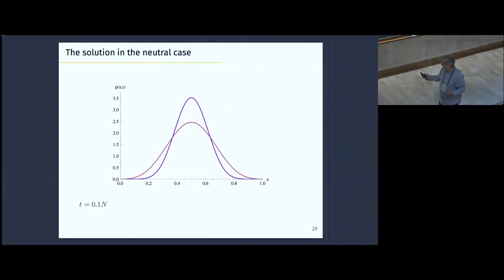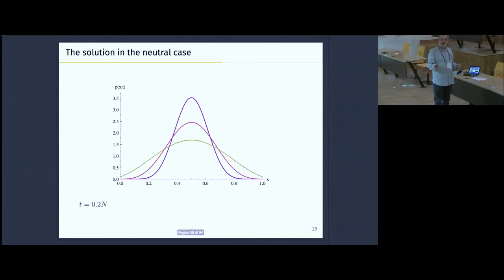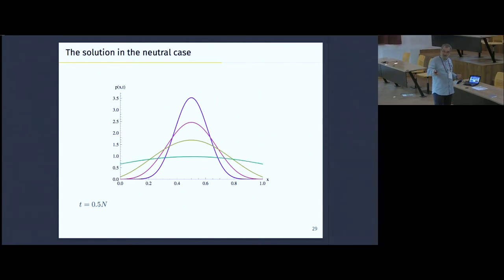But how does it go down? Well, look at that. It becomes flatter and flatter. And look, this time scale is in terms of population size. This is a number of generations equal to half a population size. It's almost flat. And when it is equal to the population size, it is flat. And then it will keep on going down like that.